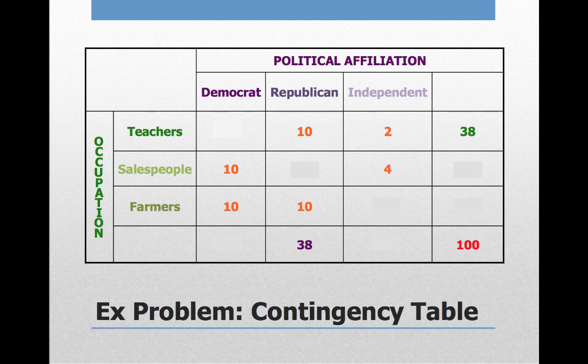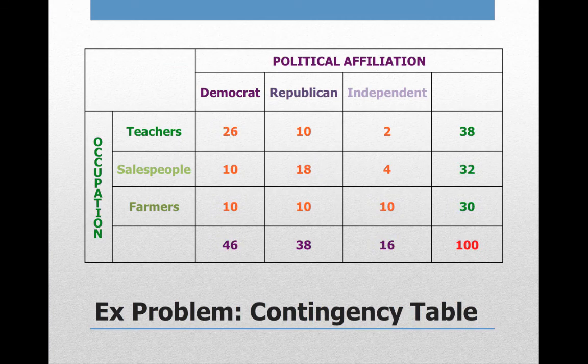Alright, so let's see how you did. So here are the answers. Did you get the same numbers? Hopefully you did. This is an example of how you would complete a contingency table, an example of which you might see in, let's say, your in-class exercises or homework 5, which you've probably seen already.